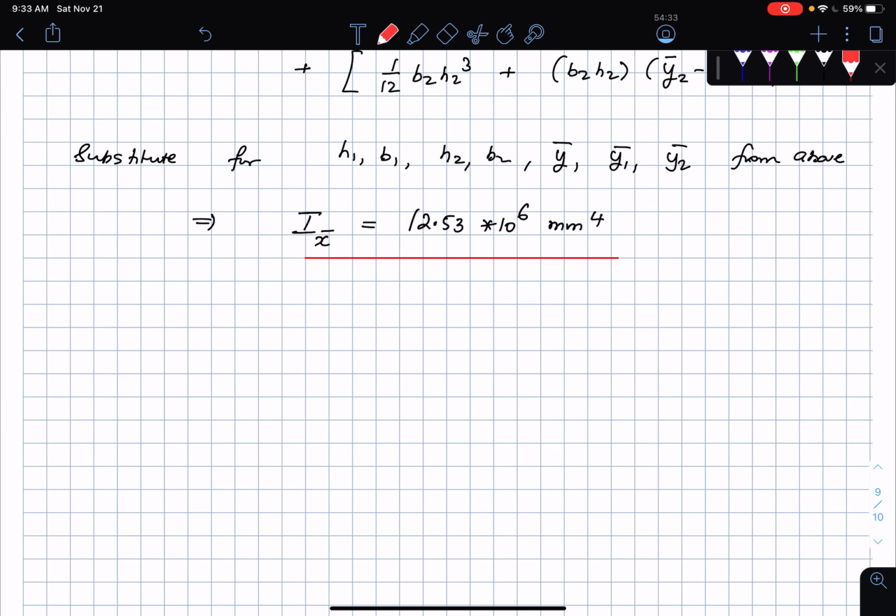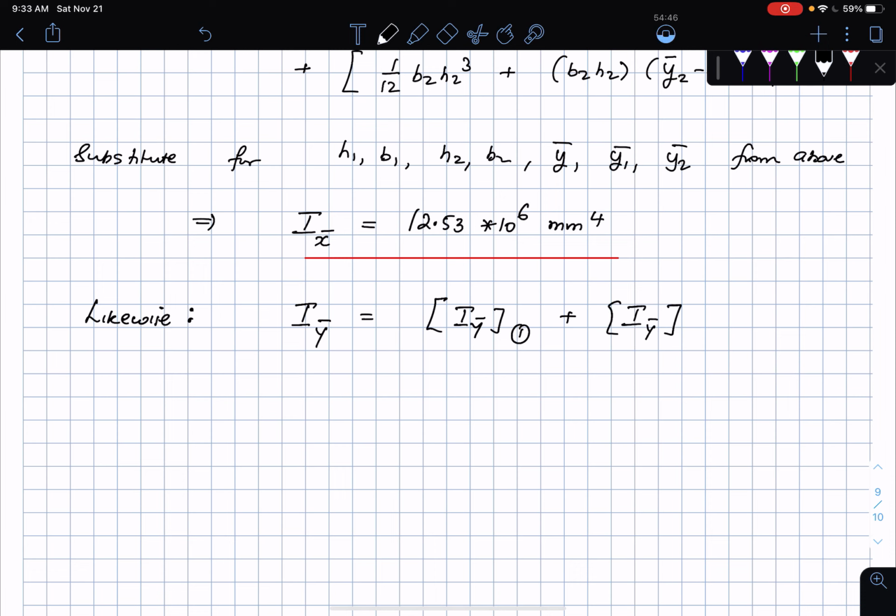Okay, likewise I can say that Iy bar for the main composite shape is Iy bar for the first shape plus Iy bar for the second shape. Use the parallel axis theorem.